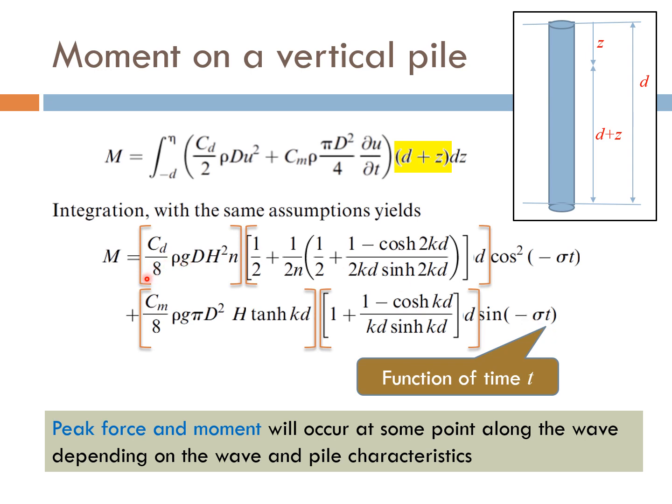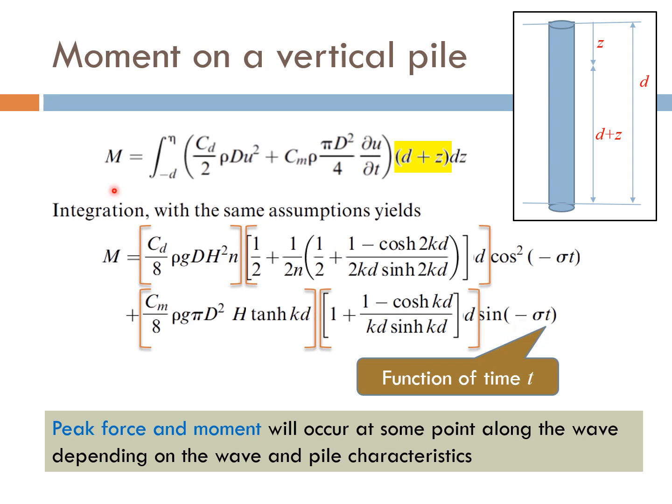We can see the familiar expression over here, which is the same expression we see in the previous slide, where we integrate to obtain the total force on the vertical pile, and this is also the same cosine phase term in the previous slide. Likewise, for the inertial part, we also see this familiar expression from the previous slide on the total force on the vertical pile, as well as the phase term in terms of the sine function.